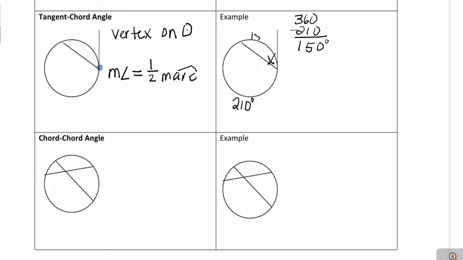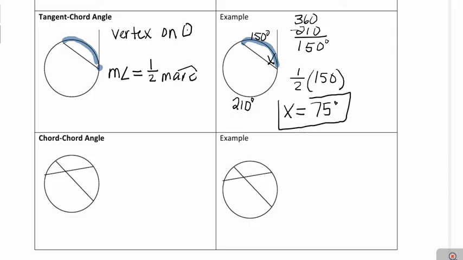So this arc would be 150 degrees. Now to find the measure of that angle, we would have to then take half the measure of the arc that's contained by it. So this arc is contained by it, just like this arc here is contained by it. So we're going to take 1/2 of 150 to get the measure of angle X, which is 75 degrees. So that would be your final answer.